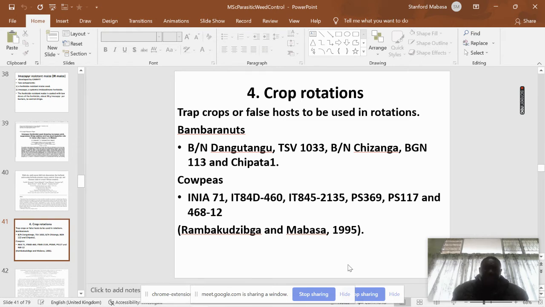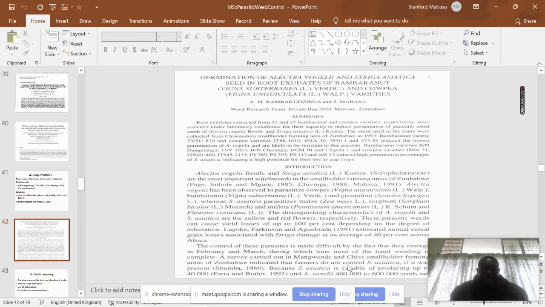In fact, there's this paper where the screenings were done, because it is important to find a variety which can produce a lot of germination stimulants to allow the germination of the parasite, yet the parasite is not going to attack that genotype.